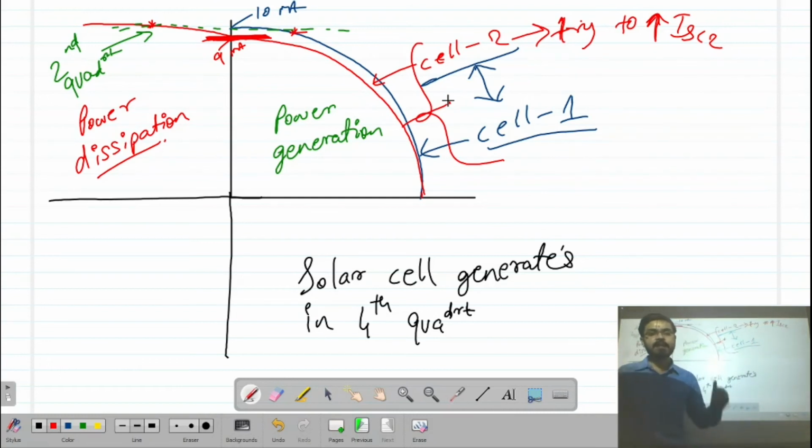This is the reason behind the limitation of current in the series connection of two cells, the mismatch of current. So this is all about the mismatch in the series connection of two solar cells in the current density, ISC. Okay, thank you.